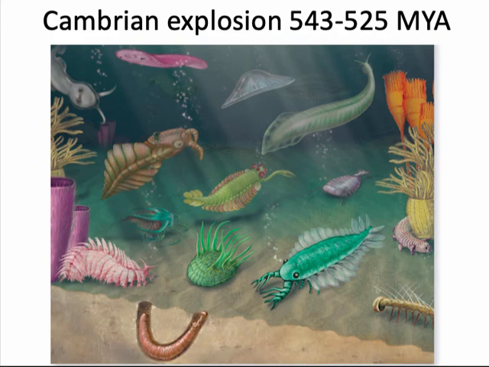Animals started to get into this evolutionary arms race where prey was trying to protect themselves, run or swim faster than predators, or create defenses against predators, and predators had to overcome those defenses to be able to feed on that prey. So this evolutionary arms race led to an increase in diversity of animal forms. The combination of all these factors led to the explosion in diversity of animals at that point.